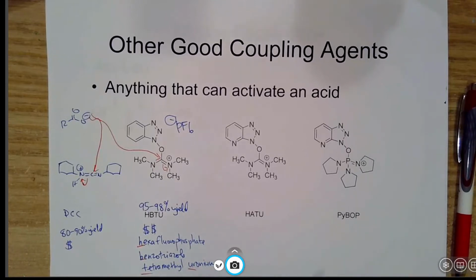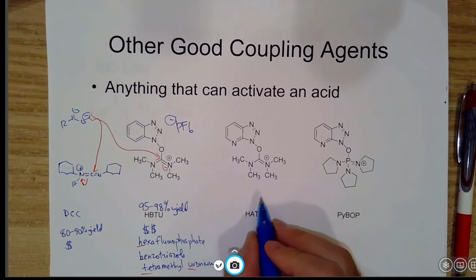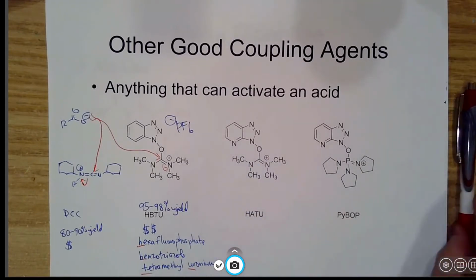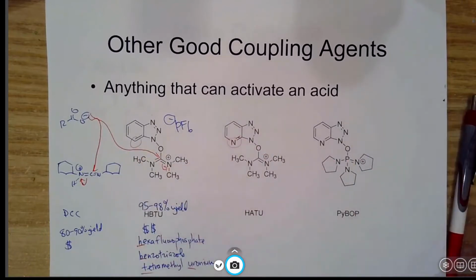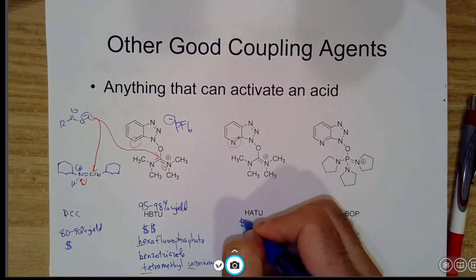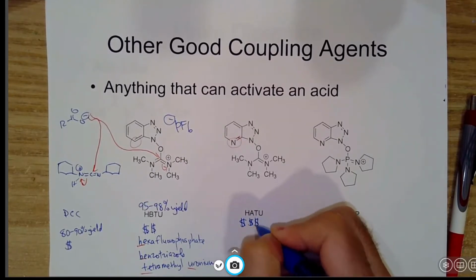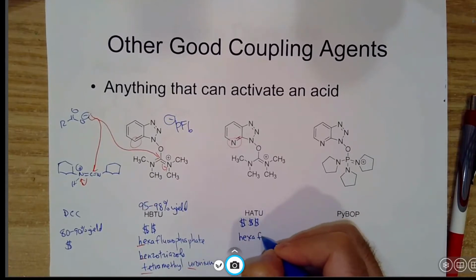Okay, let's look at another coupling agent that's very similar. It's called HATU. And really the only difference between these two coupling agents is the presence of this nitrogen, or the absence of that nitrogen in HBTU. So HATU is actually a more expensive reagent just because of that extra nitrogen.